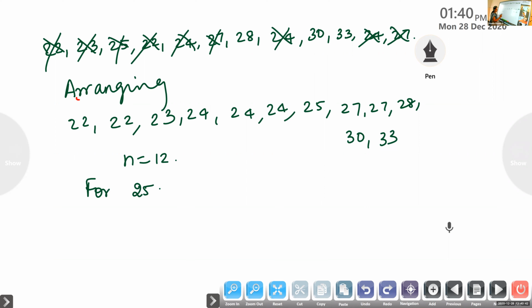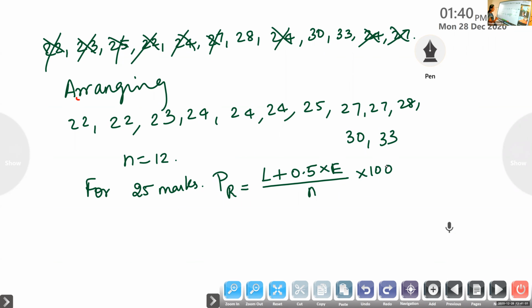For 25 marks, we want to find the percentile rank. What is the formula we have learned? PR is equal to L plus 0.5 E by N into 100. What is L? The number of students who scored less than 25. Count each and write: 1, 2, 3, 4, 5, 6.